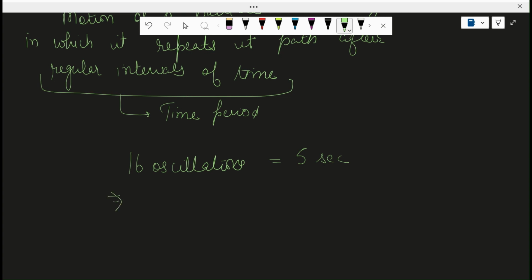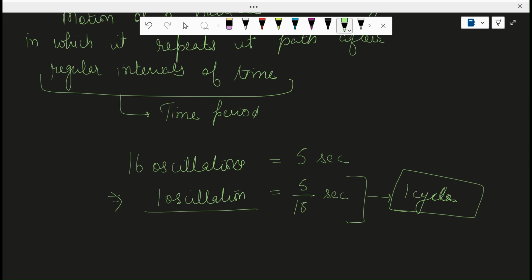So from here we see that one oscillation will be completed in how much time? 5 by 16 seconds, right? So one oscillation, one cycle, is completed in 5 by 16 seconds. So an oscillation in the form of a waveform is nothing but one cycle of the waveform.